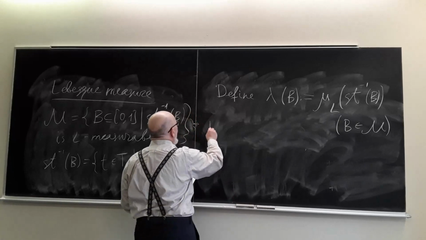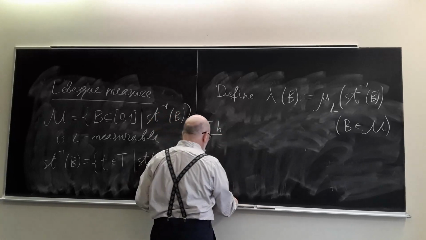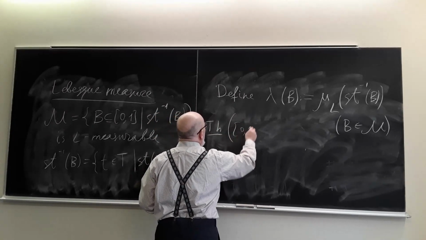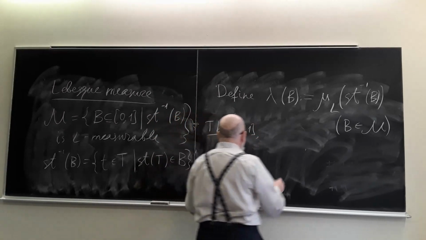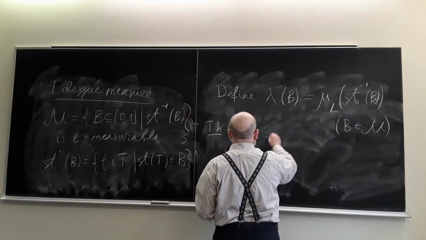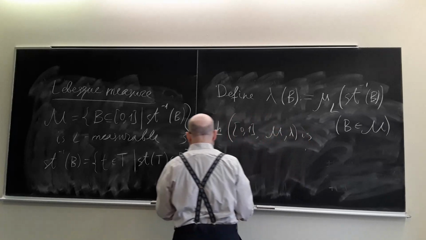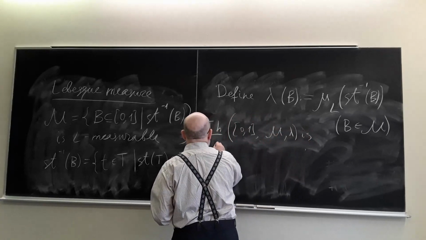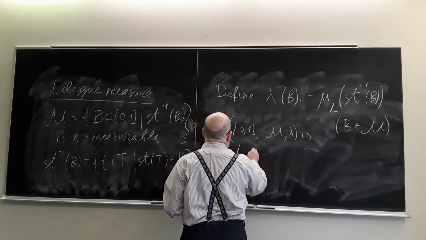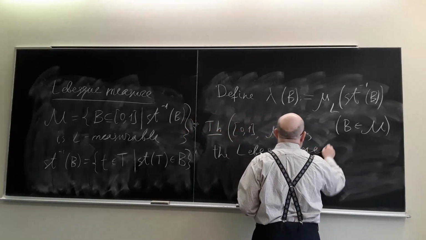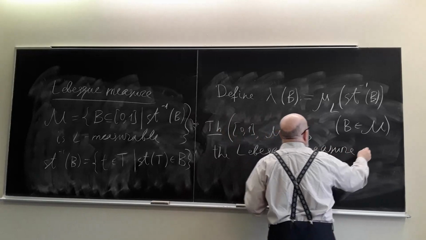So the theorem is that ([0,1], M, lambda) is the Lebesgue measure space.